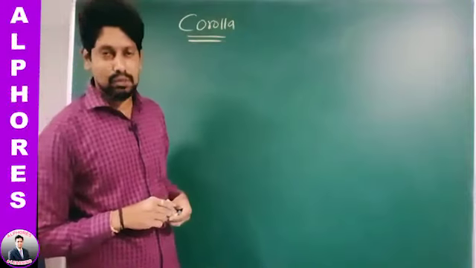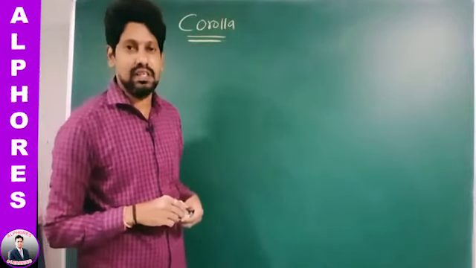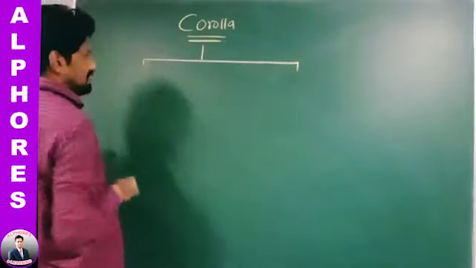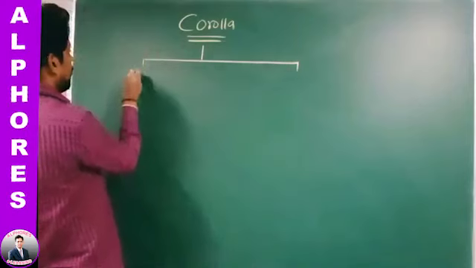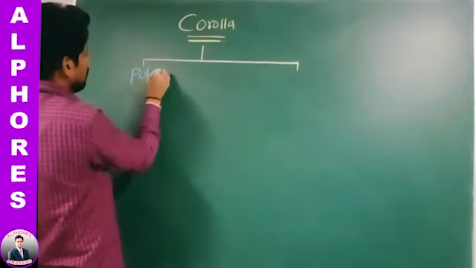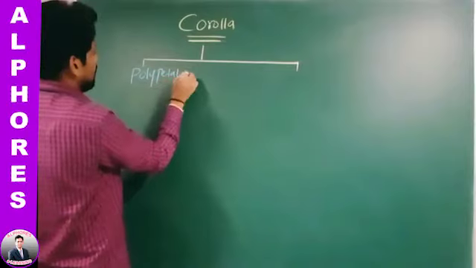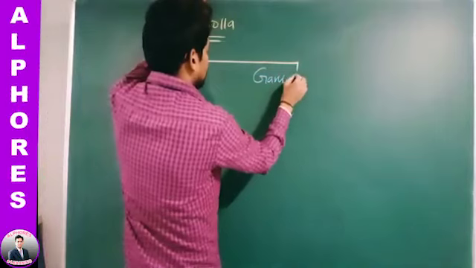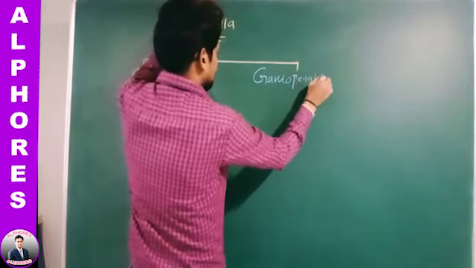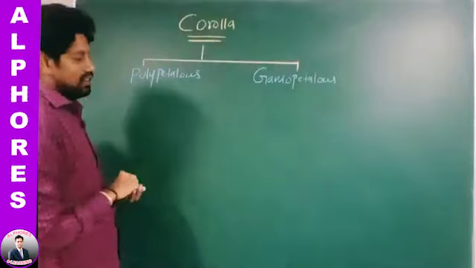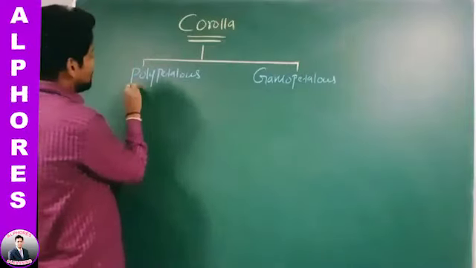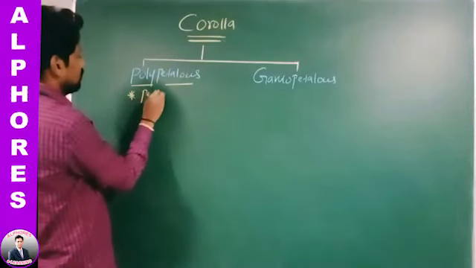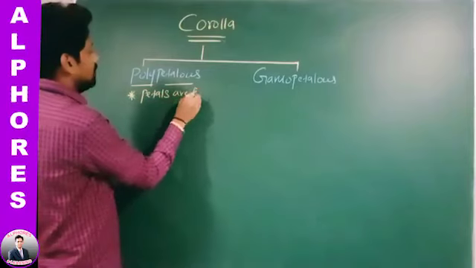Therefore, there are two conditions: the first is polypetalous, the second is gamopetalous. Polypetalous means petals are free, that is, free petals.